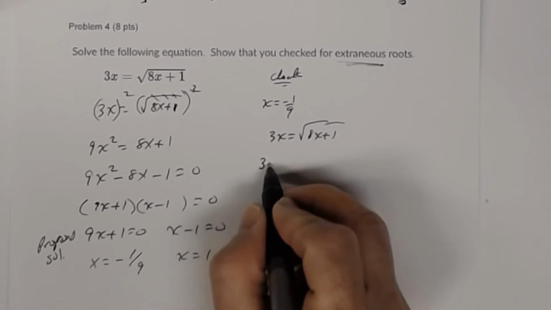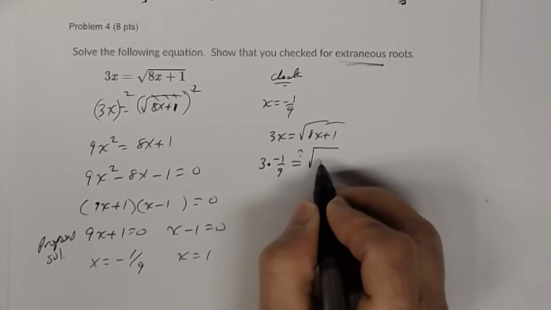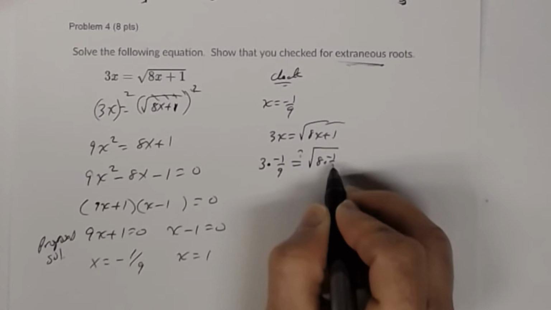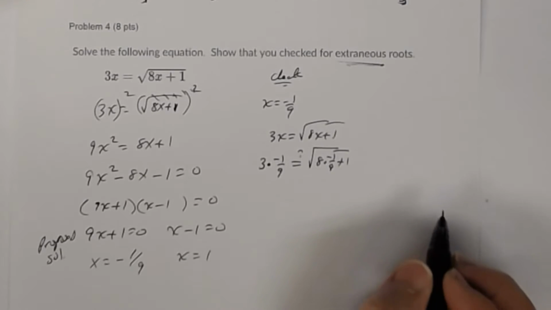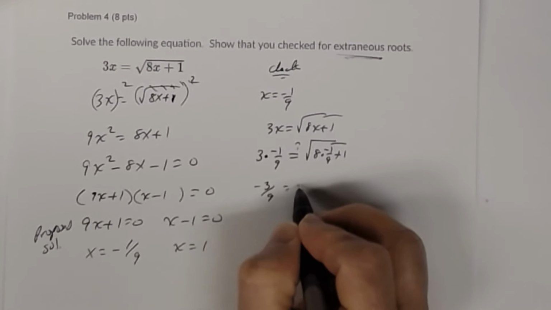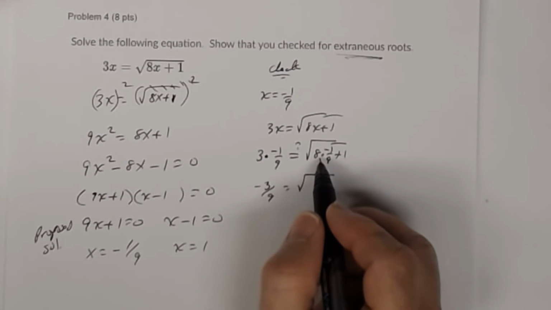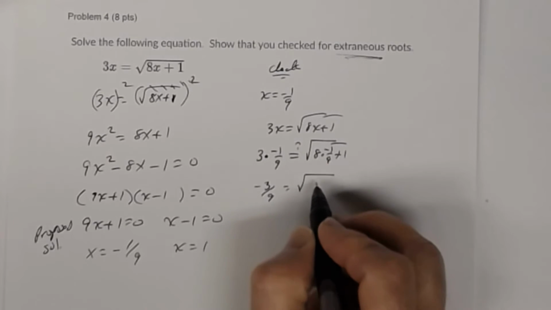So I get 3 times a negative 1/9. And I want to see if that's going to equal the square root of 8 times a negative 1/9 plus 1. Well, 3 times a negative 1/9 is negative 3/9, and in the square root, this is negative 8/9. Negative 8/9 plus 1 is 1/9.